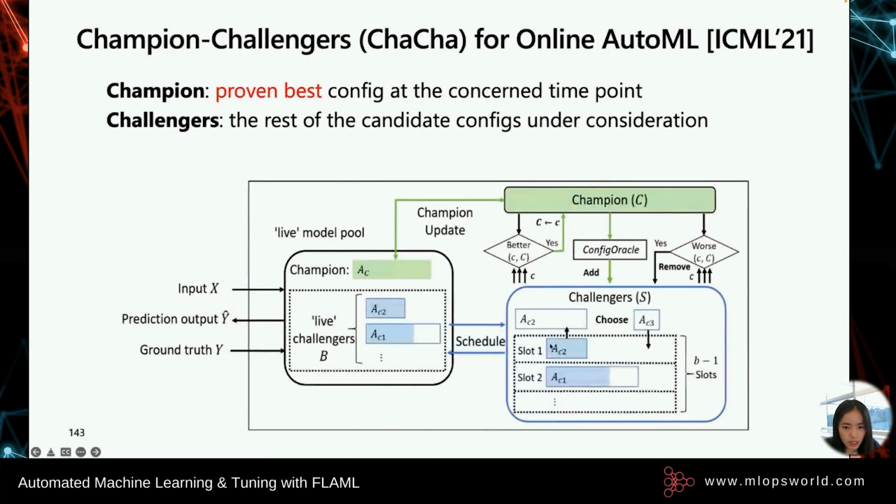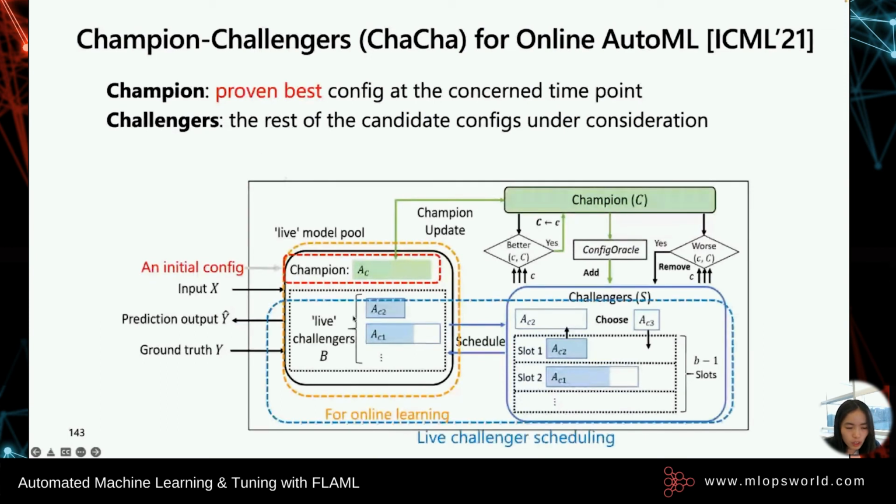I will briefly talk about our method with this flowchart. In our framework, at any time point, we maintain a pool of live models, which includes one champion model and a list of challengers. Here, a champion corresponds to the configuration that is proven the best at any concerned time point, and the rest of the candidate configurations under consideration are all called challengers.